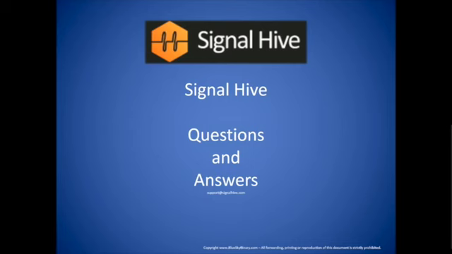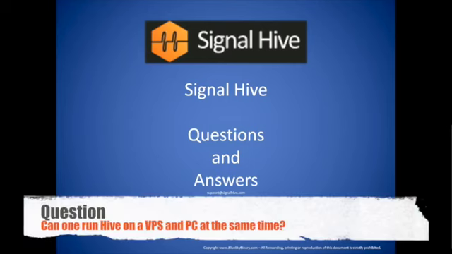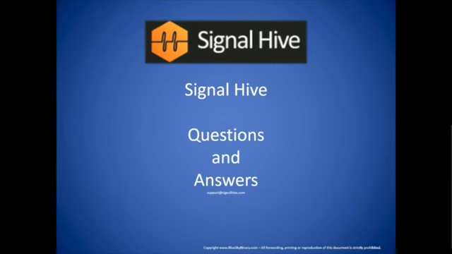Just a quick question: can Signal Hive run on a VPS and a personal computer at the same time? Yes, Mr. Flex, you can run them. However, if you are using hybrid automatic trade replication as well, and if you are signed into two instances of Signal Hive at the same time, then you will get multiple trade replications for the same signal.